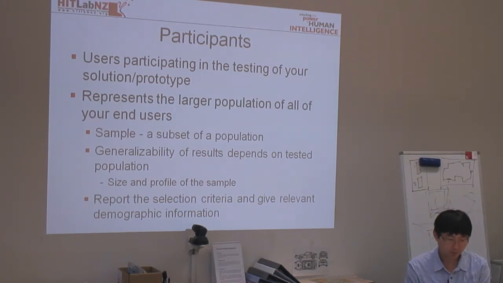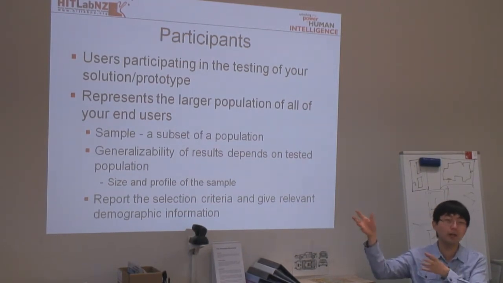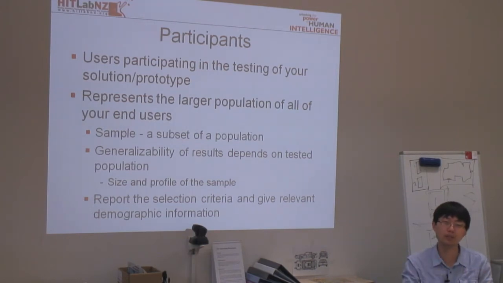And since it's a subset of your whole population, and the final end goal of your user study is to know how the whole population or the whole end user will accept your user interface, the results you find from your participants or your sample need to be able to generalize to the whole user population.